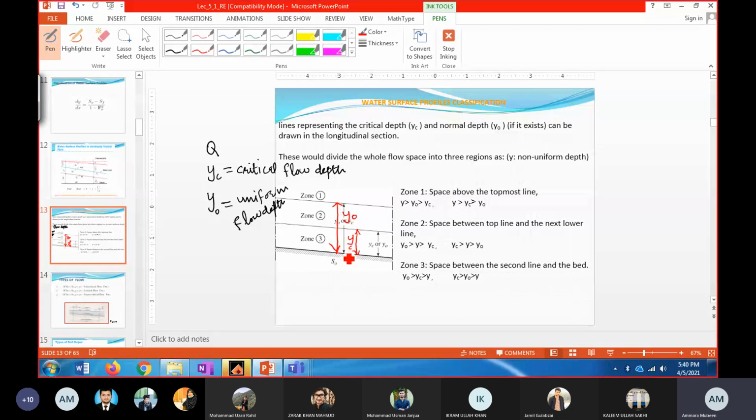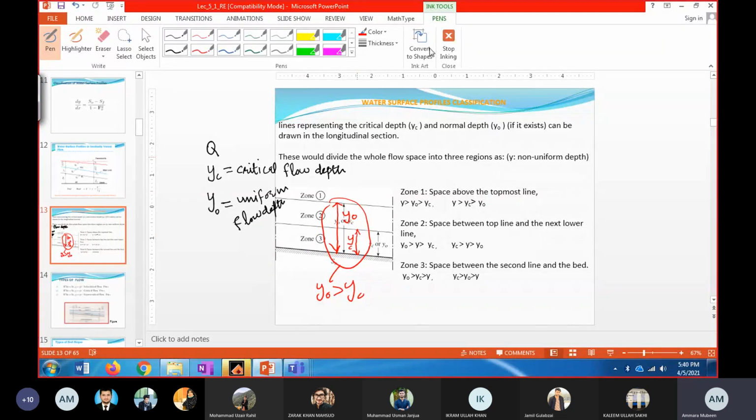So using the magnitudes of these depths, you'll be dividing the depth of flow into 3 zones: zone 1, zone 2, zone 3.